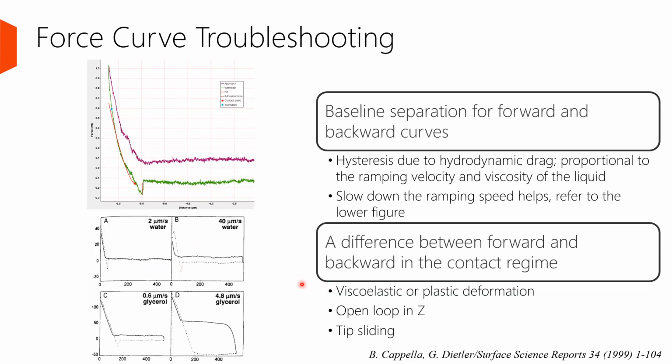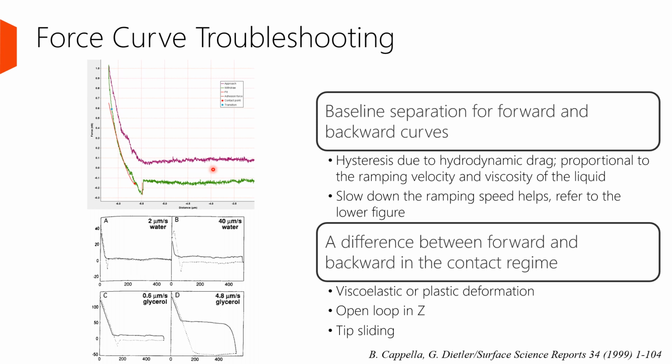So in this example, we can see some features that we have already talked about in our previous slide. First, we can see the baseline separation, and we already know that it's due to the hydrodynamic drag in the liquid. And this drag is actually proportional to the ramping velocity of the cantilever.